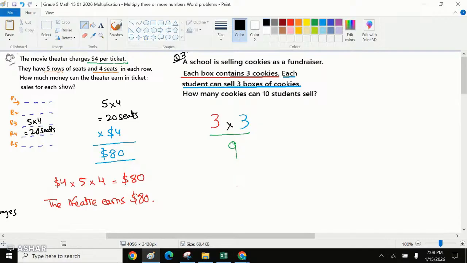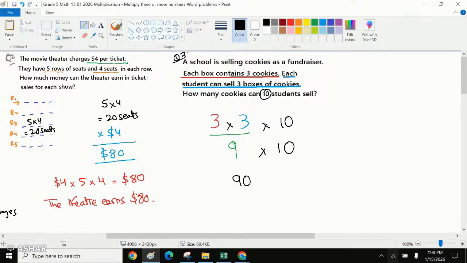And they were saying there were how many students? They were saying there were 10 students. That means if one student is selling 9, 9 times 10, we know that when we multiply numbers ending with a 0, 9 multiplied by 1 would be 9, and we simply put down a 0.